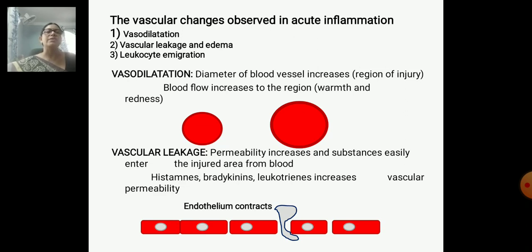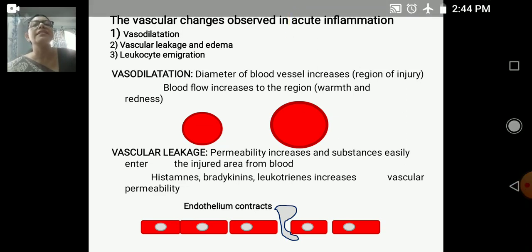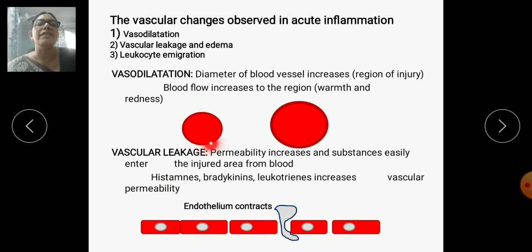Now what is this vasodilation? Vasodilation means that if this is my blood vessel of the normal size, the increase in diameter is the vasodilation. Why is this vasodilation taking place? It usually occurs wherever there is injury.